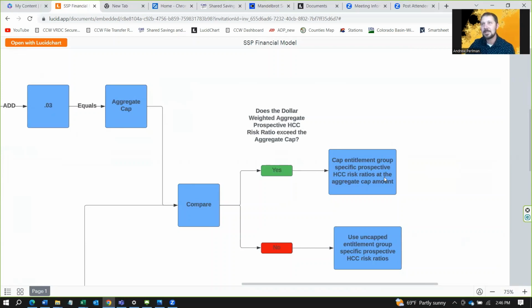In essence, both the individual entitlement group and your overall aggregate score have to be above this aggregate cap before that individual entitlement group gets capped. I know that's a little confusing, but let's go through ESRD. Let's say you had 12% growth in your ESRD HCC score, and you had a 3% growth in the demographic score plus that 3%.